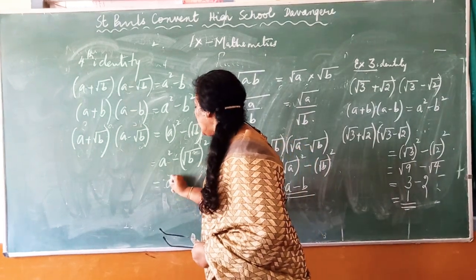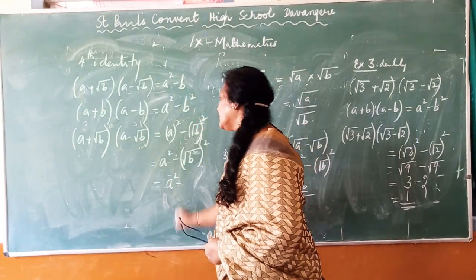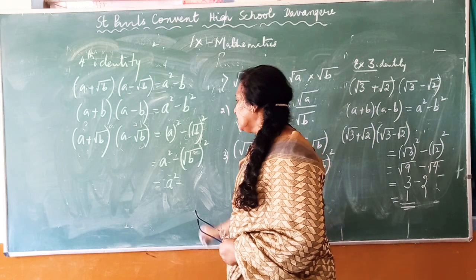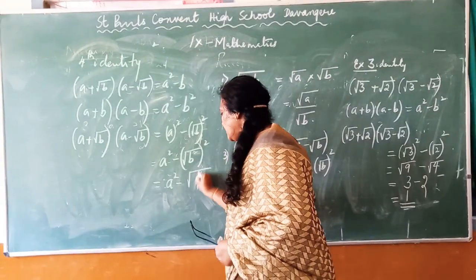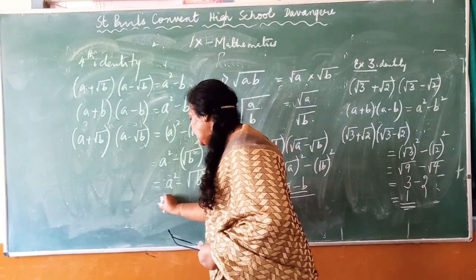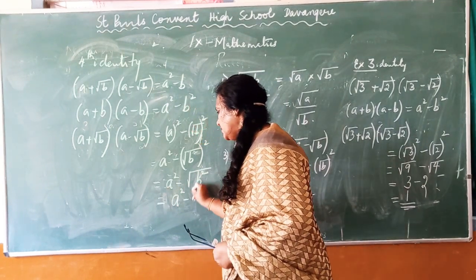So that is equal to a square minus root b square, this is equal to a square minus b.